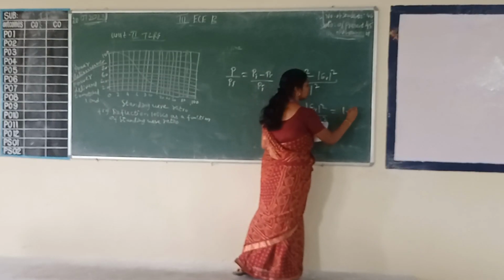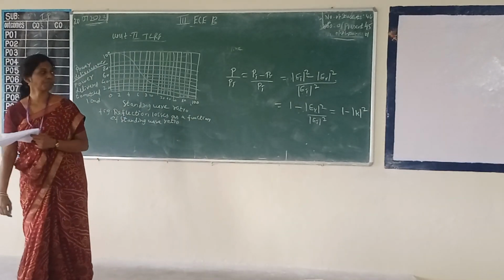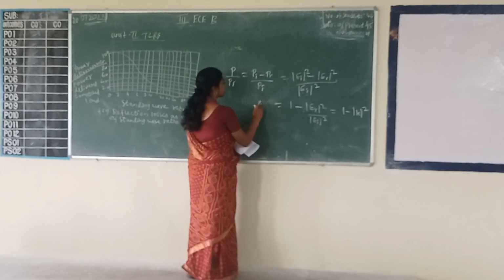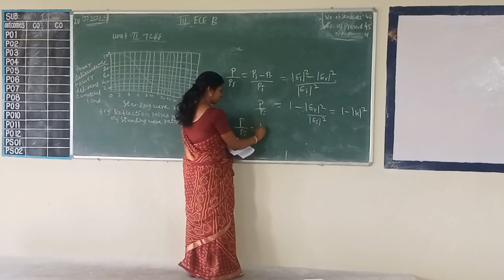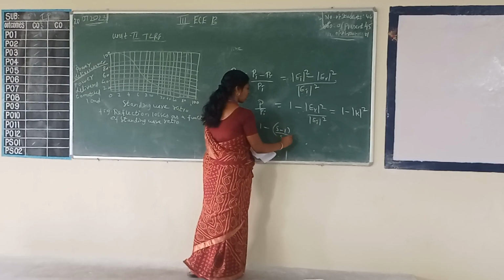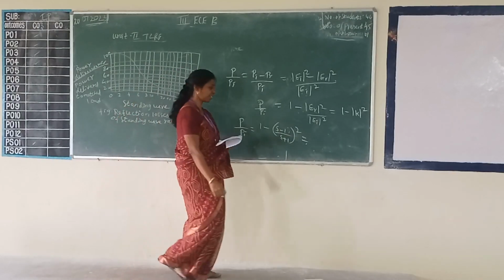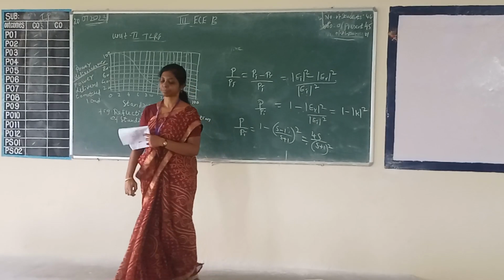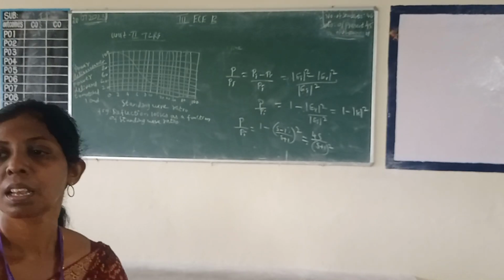That is equal to 1 minus 1 by the standing wave ratio term. So we can rewrite this P by Pi as 1 minus the square of (S minus 1) by (S plus 1), with S the standing wave ratio, which can be written over (S plus 1) squared. So a very simple derivation.